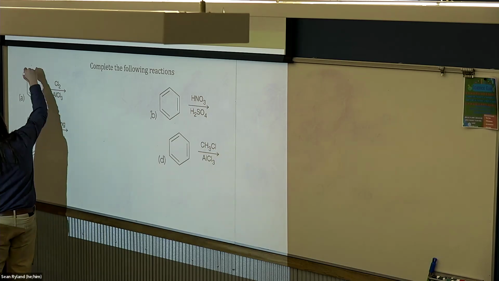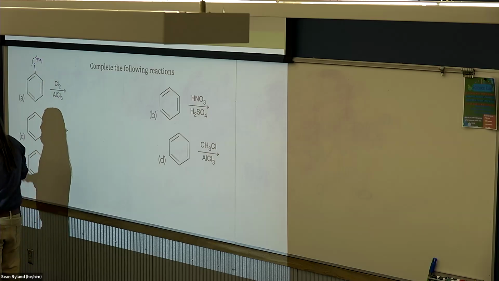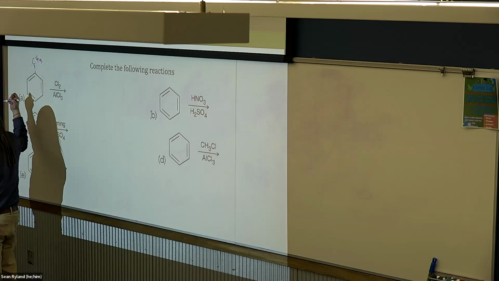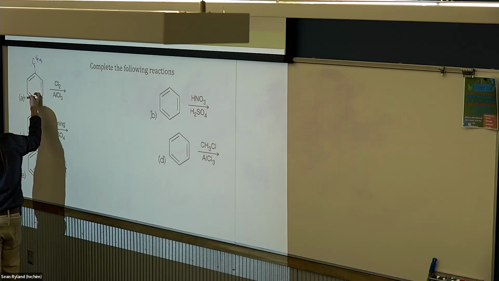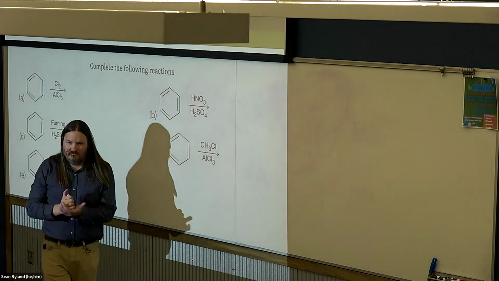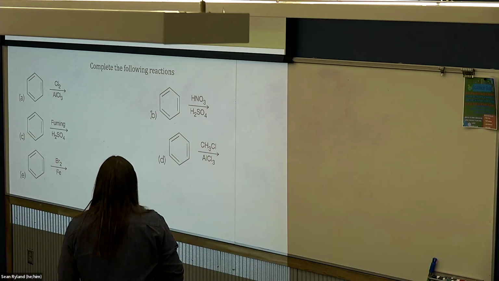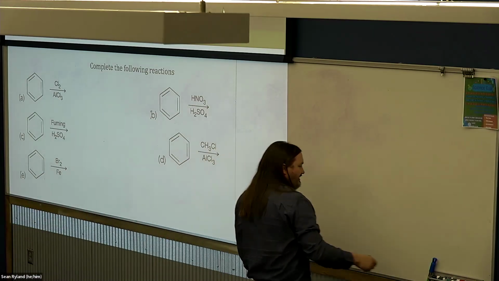As soon as we add a CH3 group here, now all our carbons are not created equal. And now we have to dive into it deeper and figure out where we're going to put our next substituent. But that's next week's problem. One step at a time.